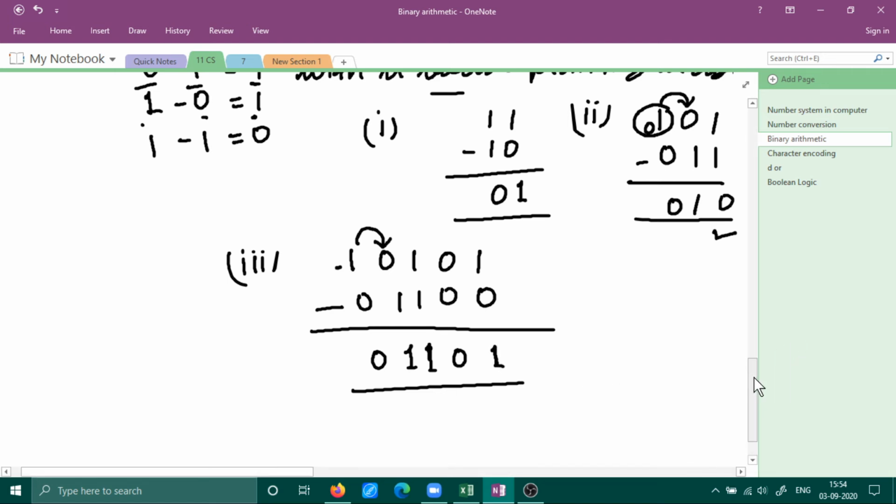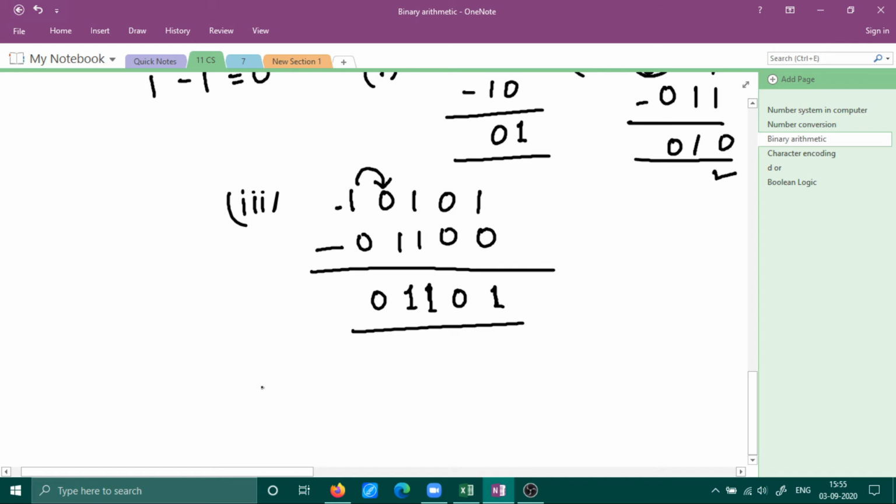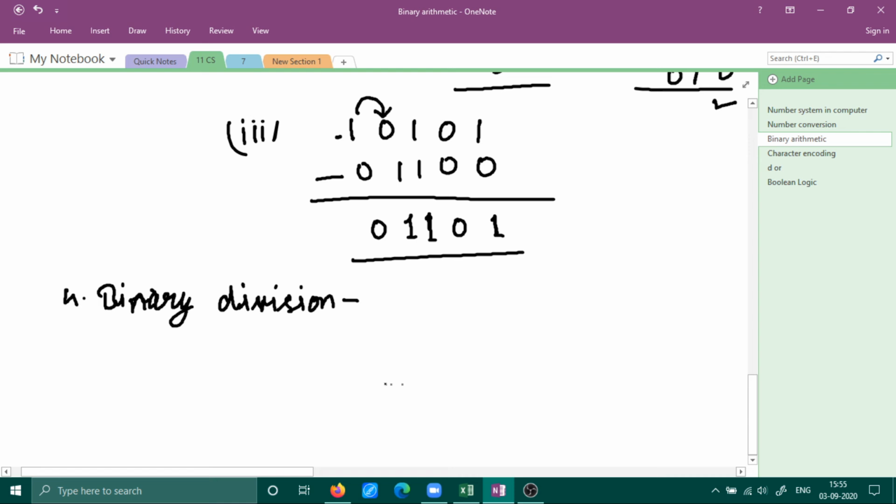So far we have seen binary number addition, multiplication, and subtraction, and now let us see binary division. In the same way as we have learned the rules of the other binary operations, let us learn the rules of binary division as well. If we divide 0 by 0, this becomes 0.